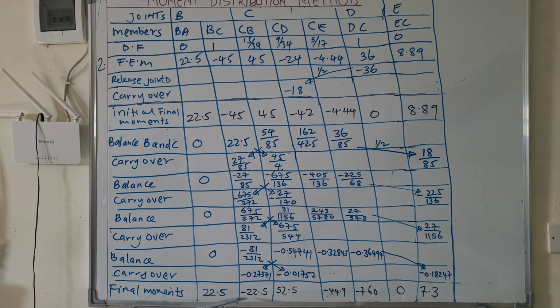so 22.5 plus minus 22.5 automatically is equal to 0. Let's come to C. Take 52.5 plus minus 44.9 plus minus 7.60. It should give you 0. Let me punch my calculator to prove it.